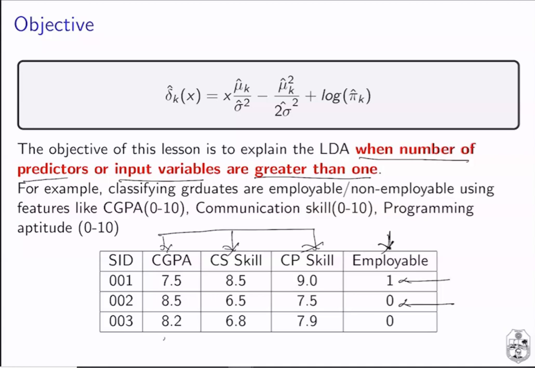All these skills are evaluated on a scale of 0 to 10, and the higher the number, the higher the skill of the student. Based upon these three different features, we are going to assign whether the student is employable or not.